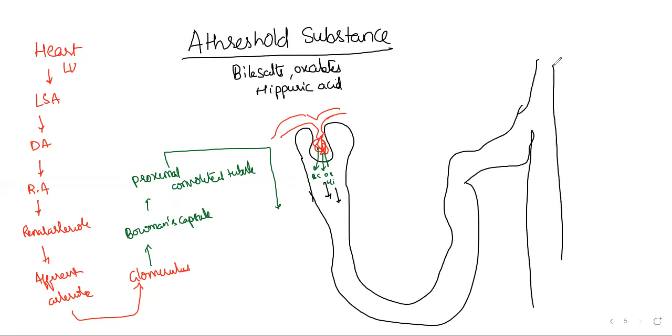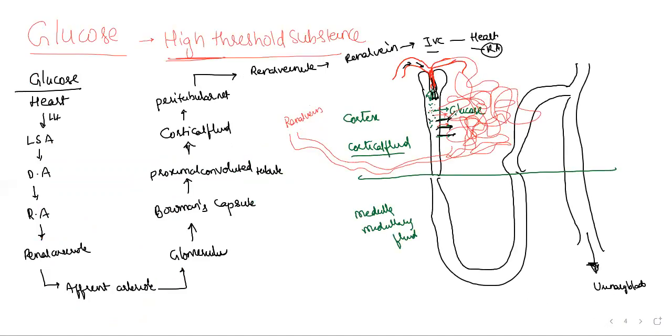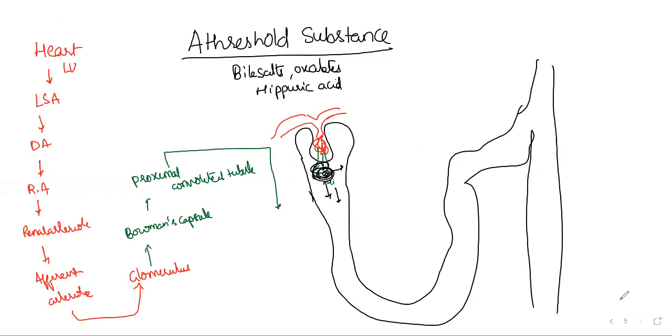Yeah, that means after dumping the waste material, we have to decide whether it is high threshold or low threshold. High threshold means we are absorbing. Low threshold means we don't absorb, we leave this. If you leave, where do they go? Proximal convoluted tubule, descending limb of Henle's loop, ascending limb of Henle's loop. Okay.